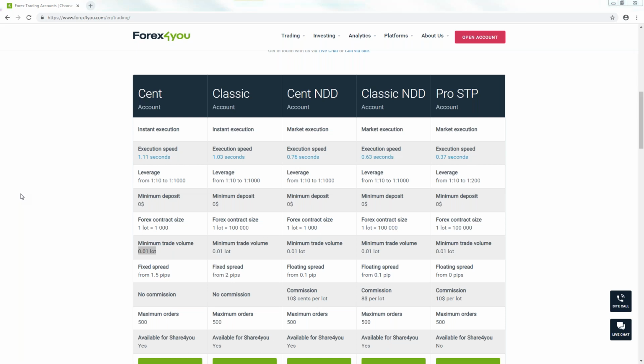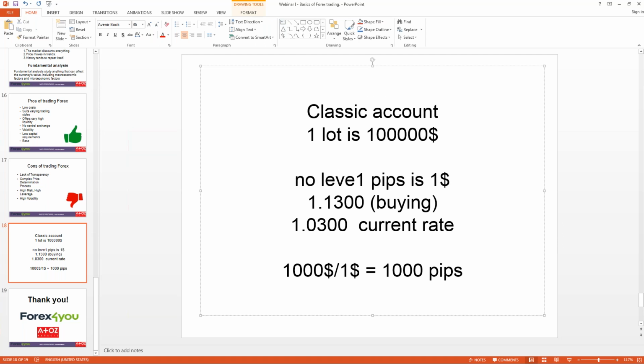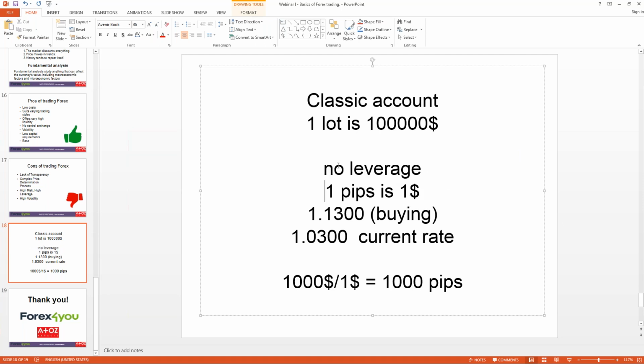How do pips affect our return? One more question. The pip is basically a measurement of the change of a currency. In this case, the classic account, like I said, one lot is $100,000. Let's assume that you're using no leverage. You are trading with one lot, $100,000.